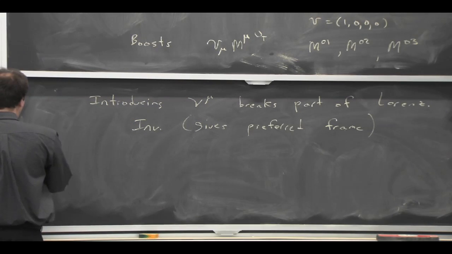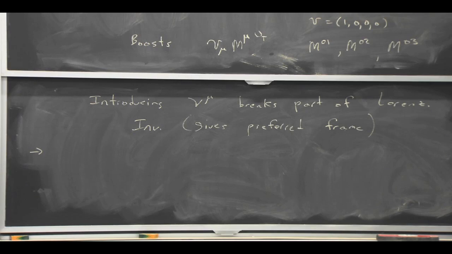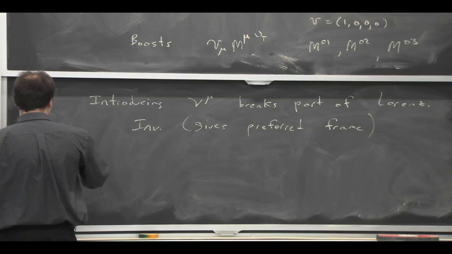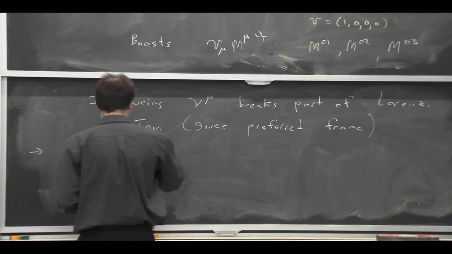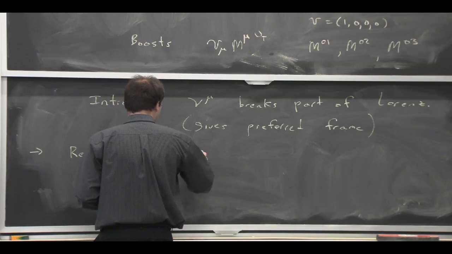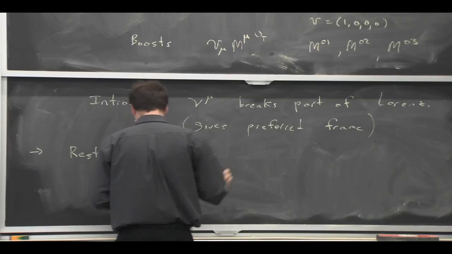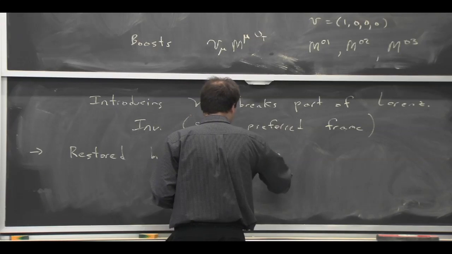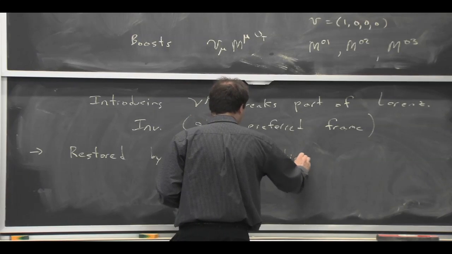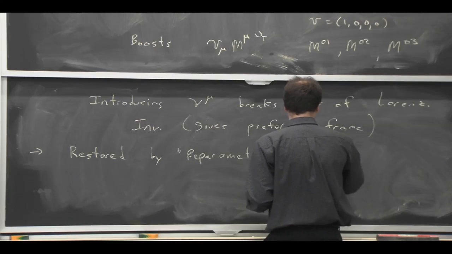So that's bad. And it turns out there's actually a hidden symmetry of this effective theory that partially restores this breaking. And it restores it in exactly the amount that it needs to restore it. That is, it restores it at low energies.